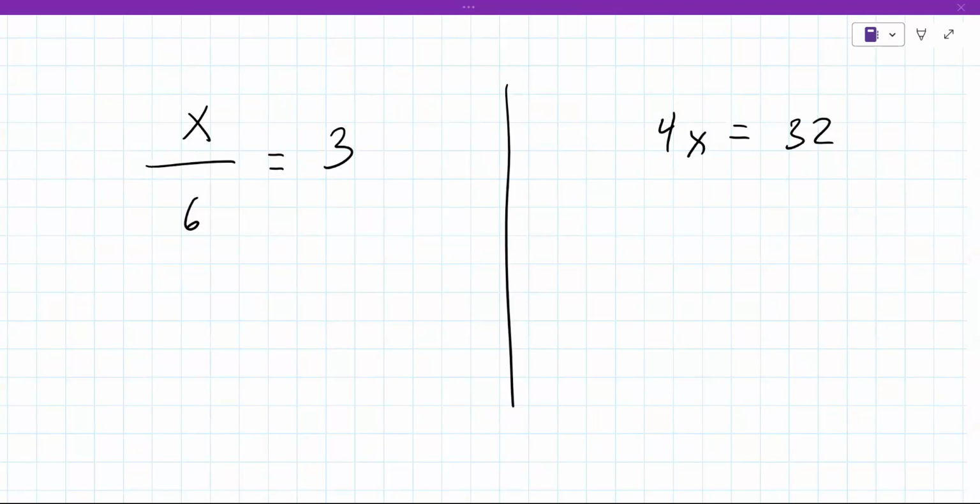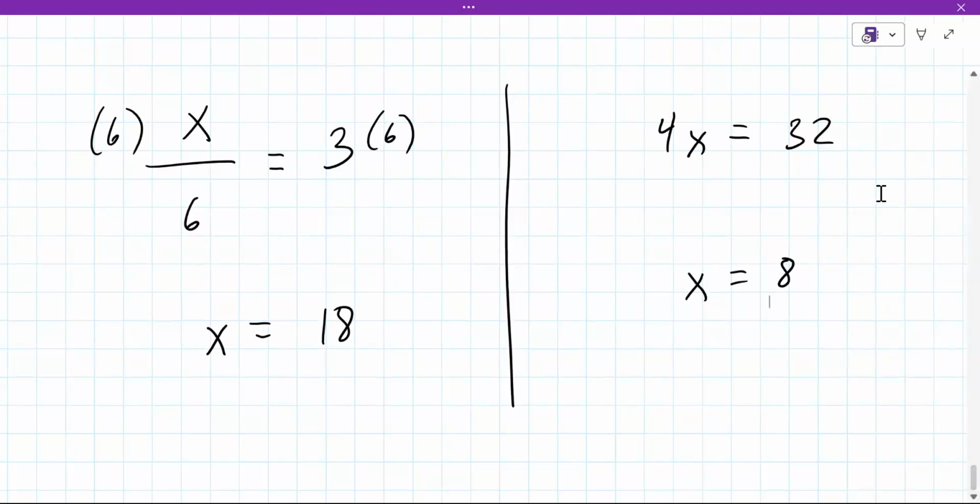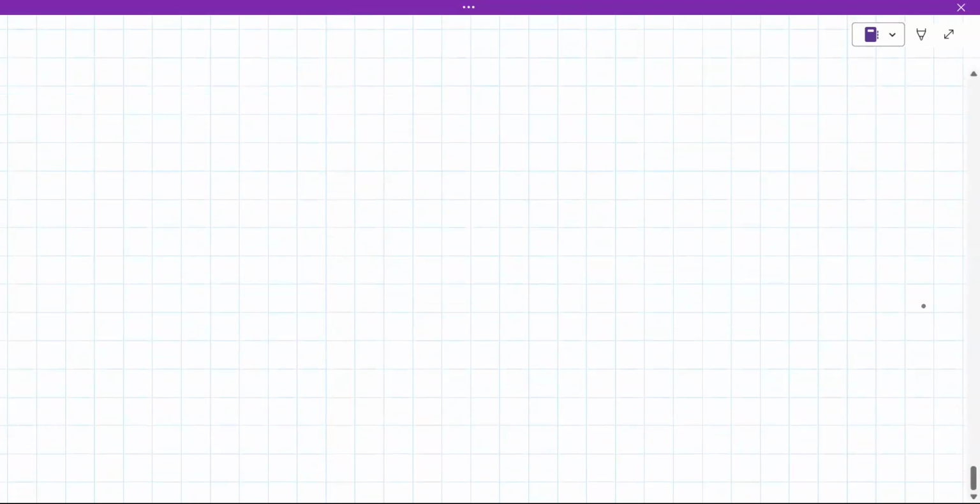X is 18. And how about on the right? X is 8. Good.